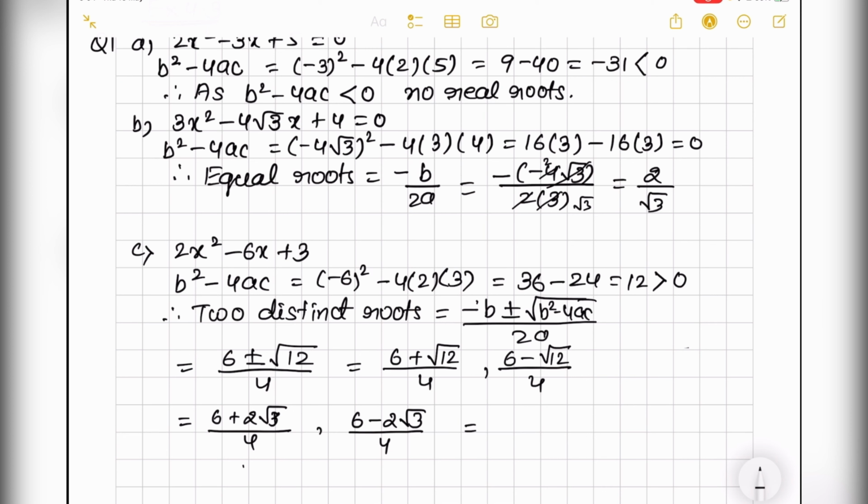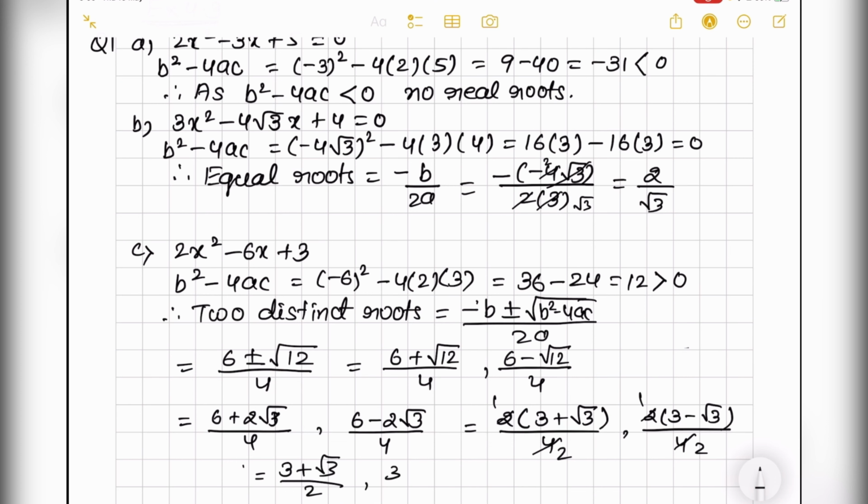If I take 2 common in the numerator, so 3 plus root 3 by 4, cutting 2 ones are 2, 2 twos are 4, and again taking 2 common, 3 minus root 3 upon 4. So this way I have got 3 plus root 3 by 2 and 3 minus root 3 by 2.